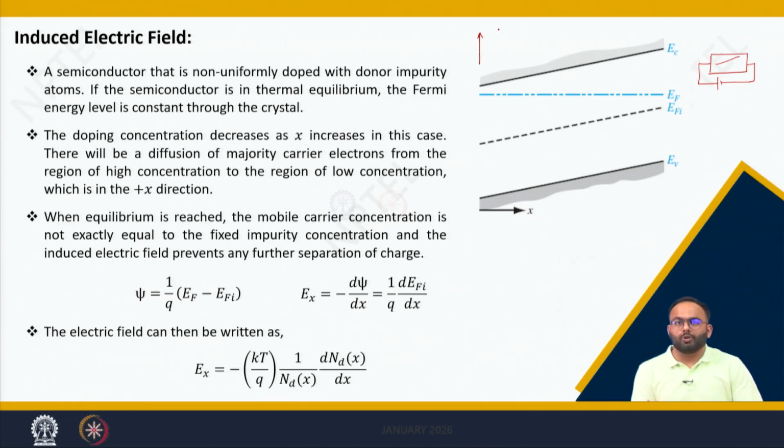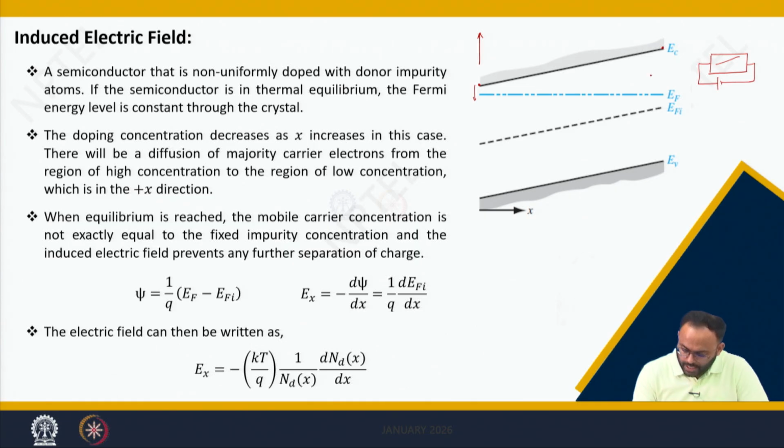And when you apply a voltage, remember that the electronic voltage varies oppositely to the electron potential energy, meaning if this end is negative, then the potential energy will be higher. If this end is positive, then the potential energy will be lower. This will help you to understand the MOSFET physics and the band bending when we talk about MOSFETs.